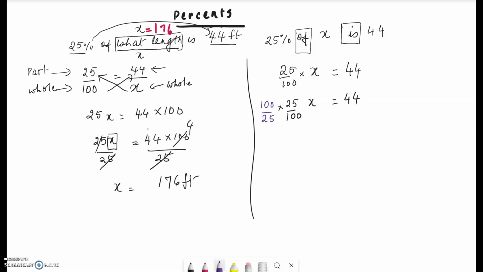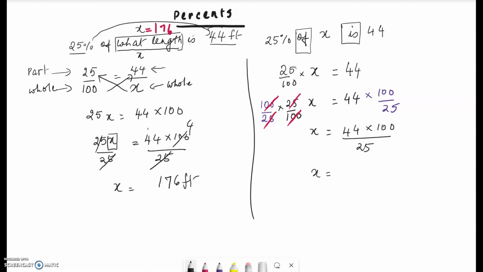Whatever we multiply on the left, we do the exact same thing on the right. So let's see why this multiplying by the reciprocal just cancels the number, and we've solved for x and we get the same number on the right as we did before.